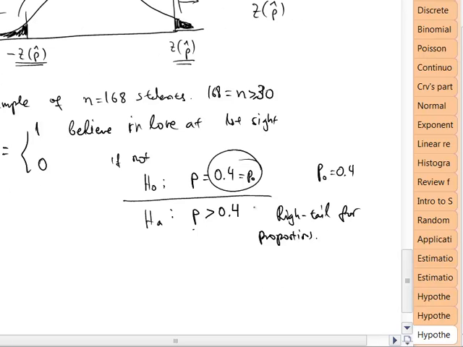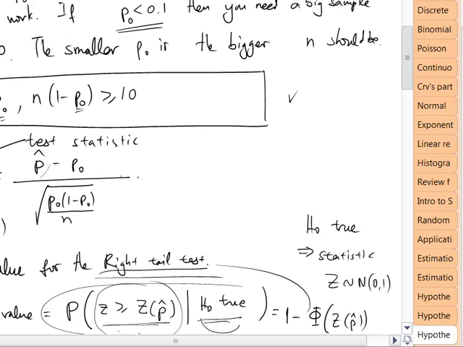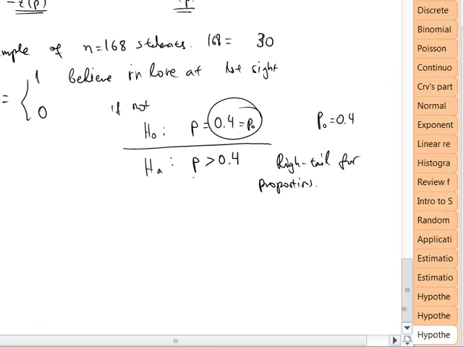Since I have p sub 0 equal to 0.4, I need to check also the property that n times p sub 0 and n times 1 minus p sub 0 are greater than or equal to 10. So now I take 0.4 times 168.